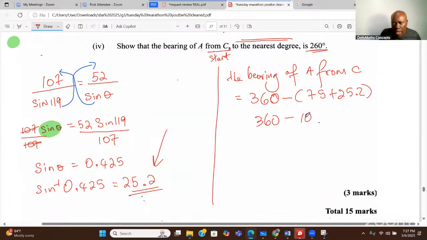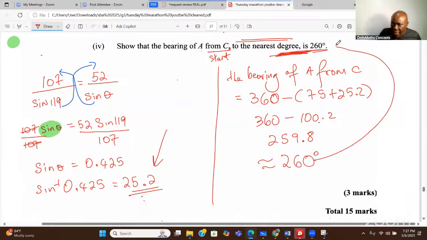We're getting 100.2 here. If you subtract from 360, we get 259.8. But they said to the nearest degree, so that rounds off to approximately 260 degrees, which is the point that they want us to make.